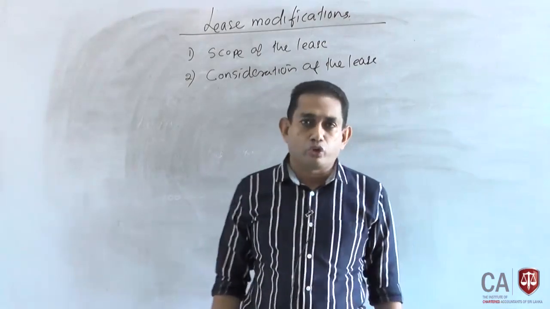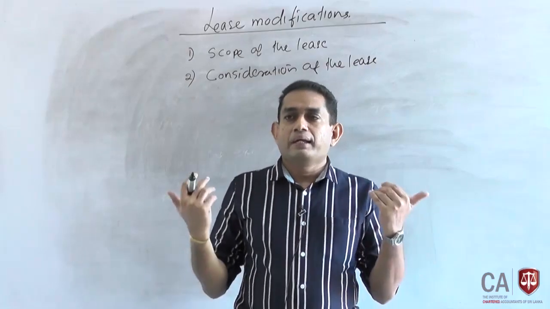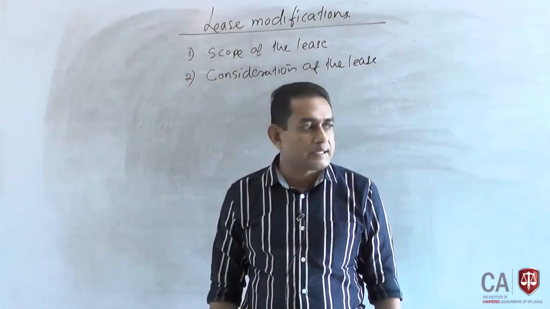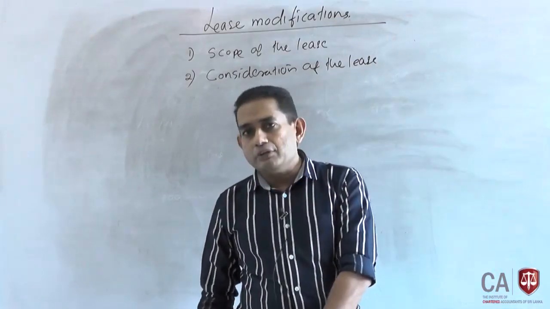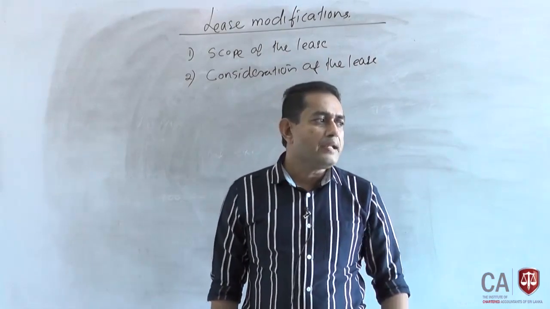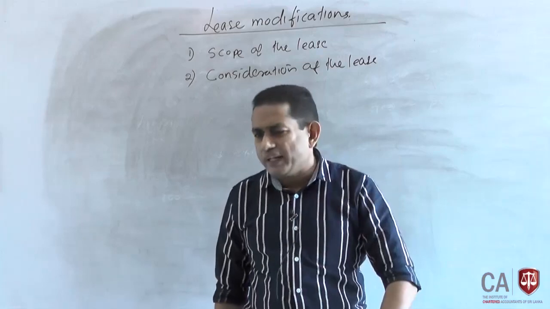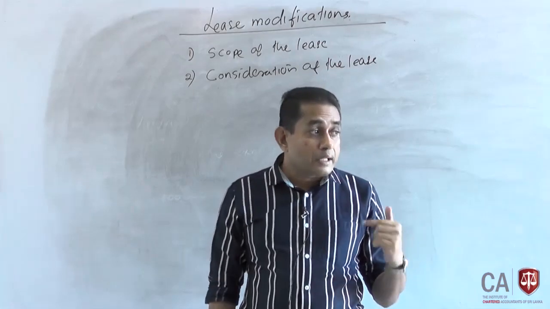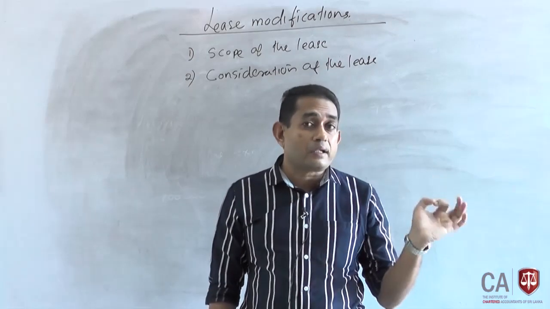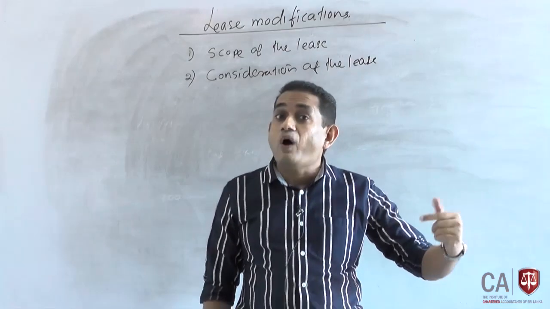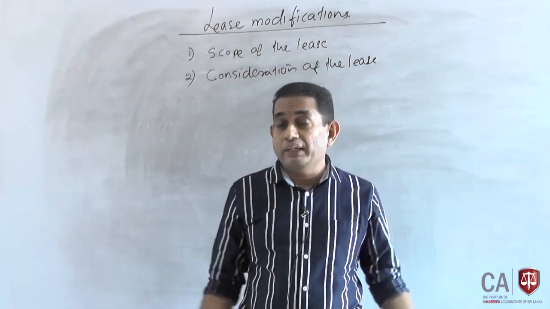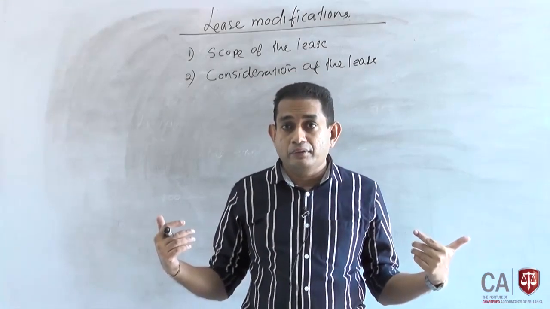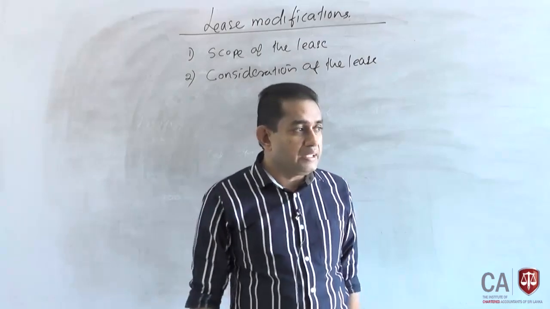Either there can be a scope change, say for an example, lessee entered into the lease contract to take one floor of a building under a lease agreement, and later he wanted another floor of the same building, and maybe sometimes without entering into a lease agreement afresh, we will continue with the same lease contract by cutting and chopping and modifying the original terms and conditions. It is a modification which is resulting in a change in the scope of the lease.